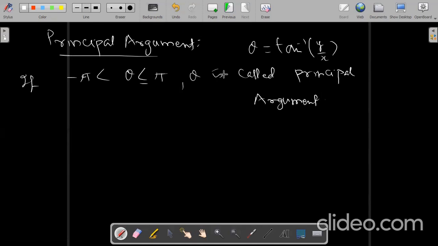That we will study in the next class, argument and the polar coordinate system.